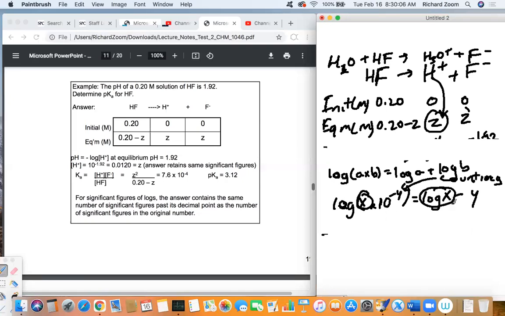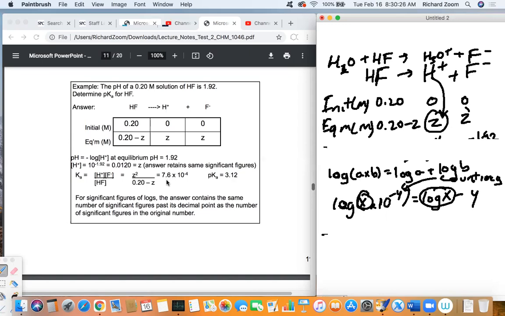But in the end, the bottom line is that the 3 out the front is not a significant figure because it results from a counting number. And any of these decimal places here are going to match whatever significant figures you have in the Ka.